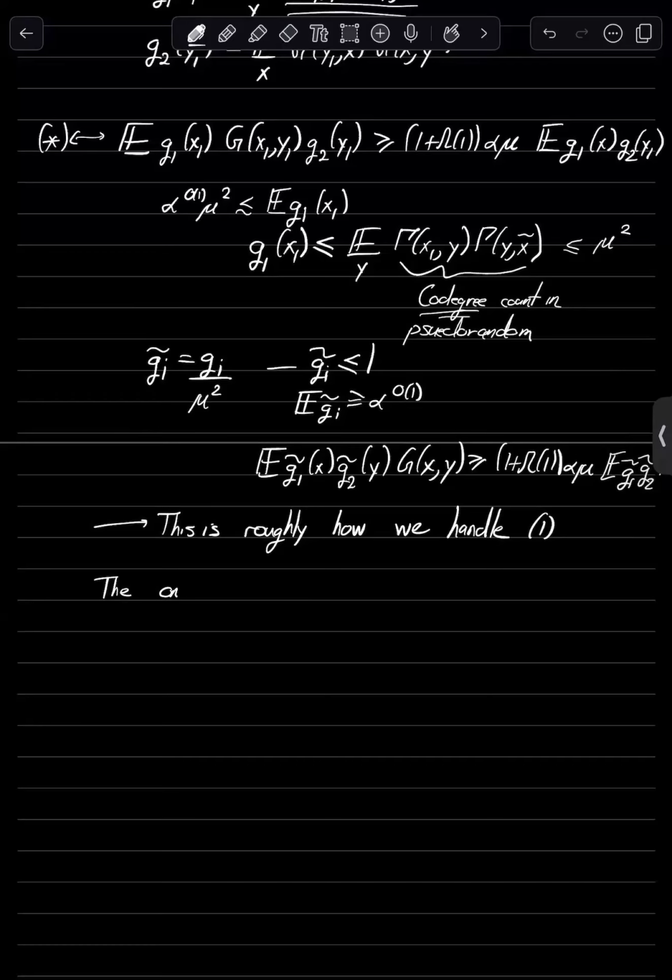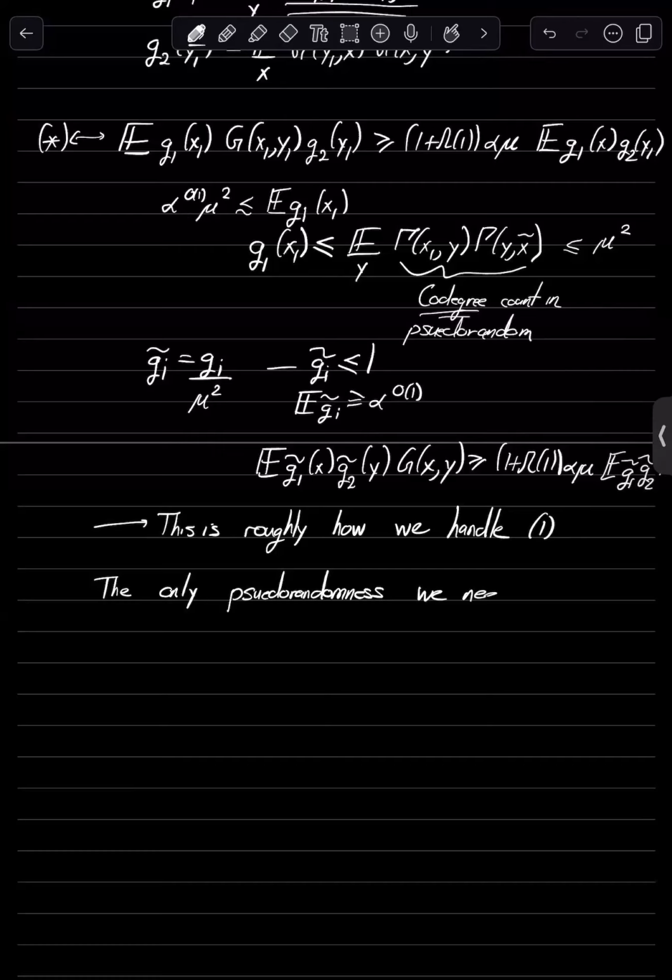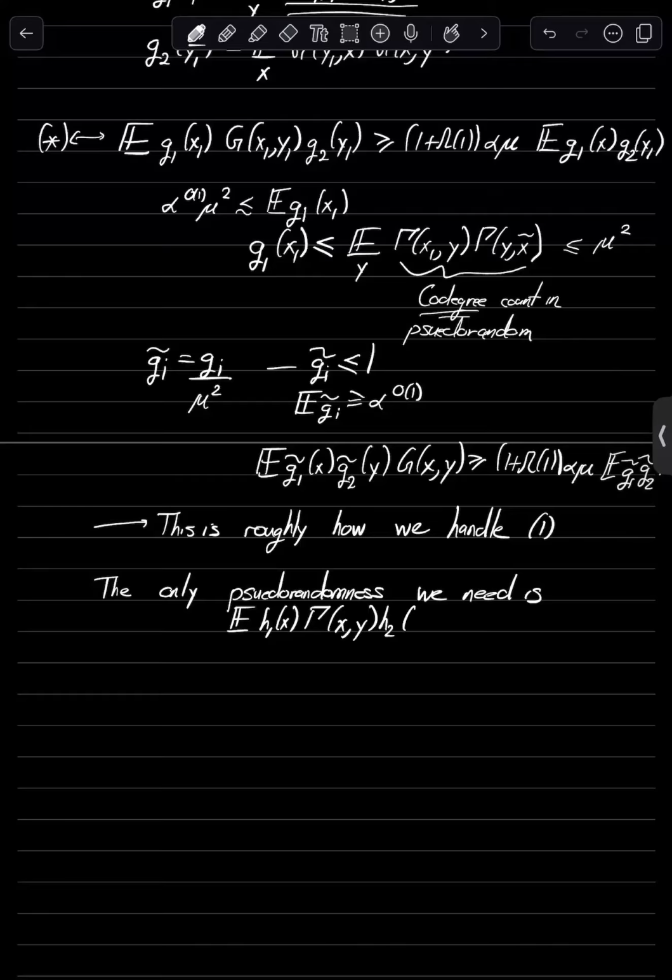The only pseudo-randomness you need is that we only need an upper bound constraint.